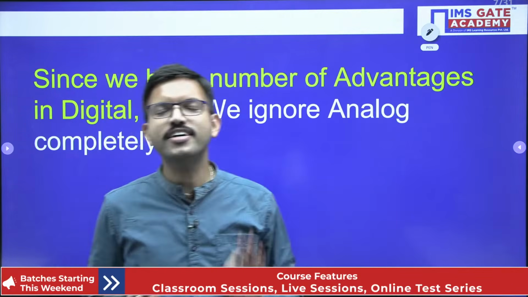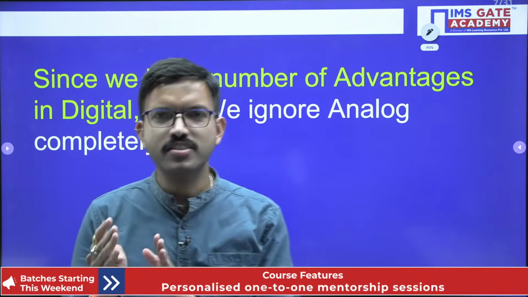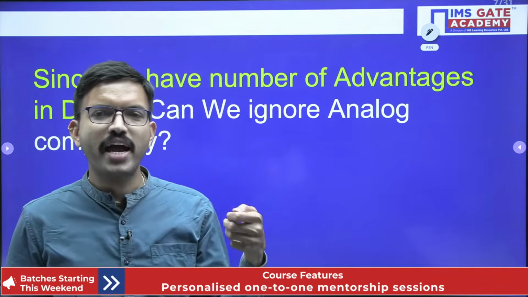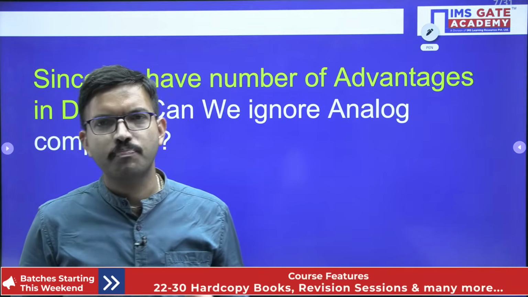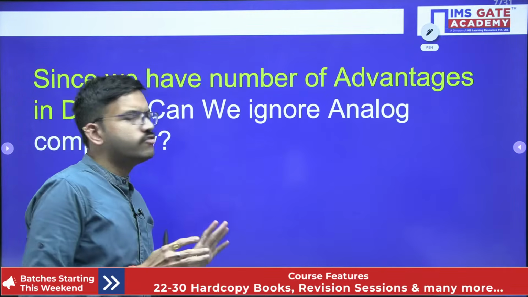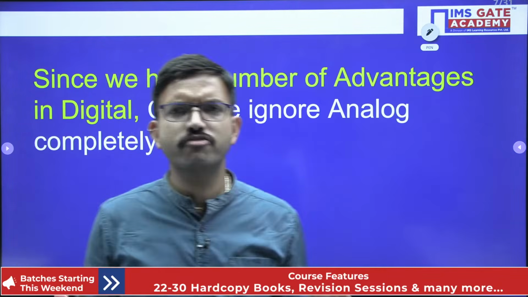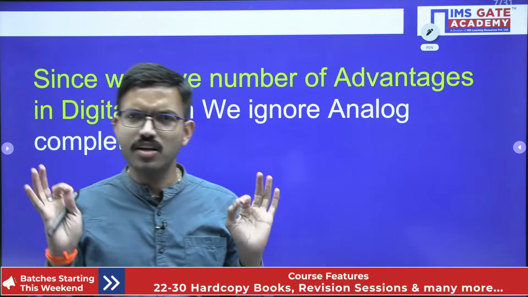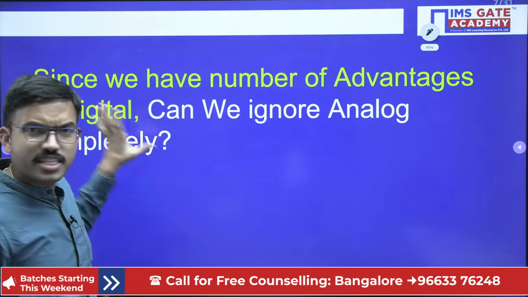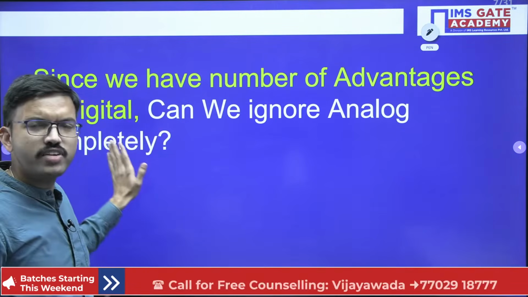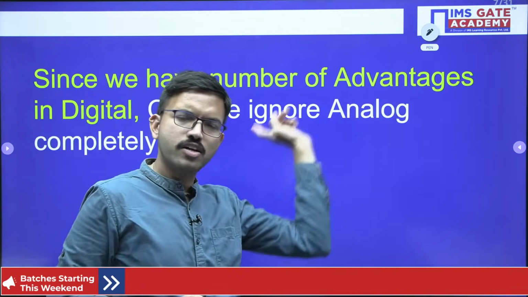No, because ultimately you require an analog signal only. If you have an analog signal, from that you can convert back into the physical form, and then you can easily understand, because in this real world all the quantities by default are in analog form. So ultimately analog is required. That's why at the transmitter section, at the beginning, we have an analog signal only, and at the receiver we require an analog signal only.